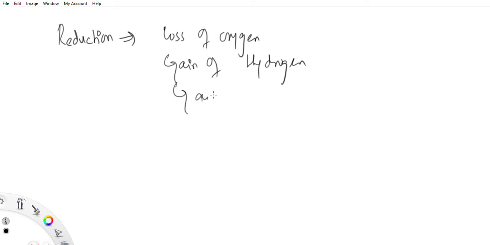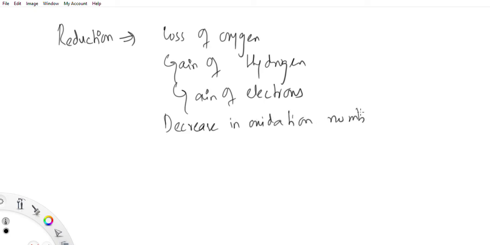Gain of electrons and decrease in the oxidation number. So reduction is the other way around, completely different from oxidation. Now we will take an example of reduction.